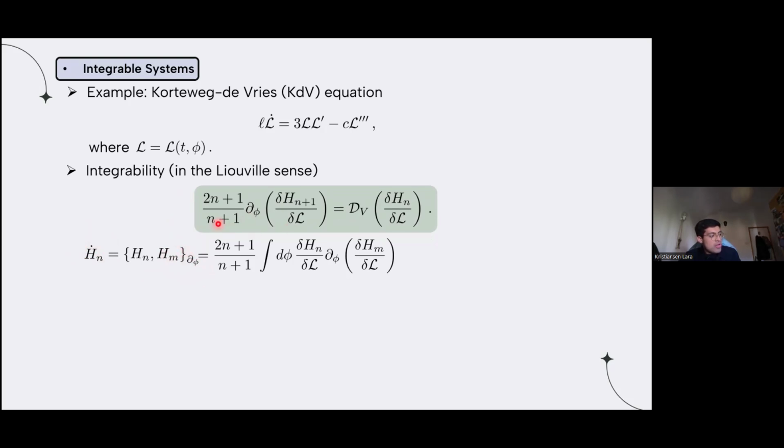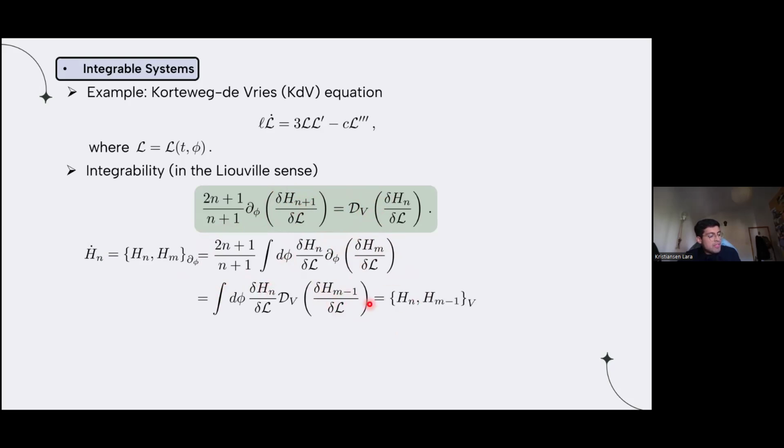With d phi, one can use the definition of the Poisson bracket. It is given by this expression that you can see here. Observe that when d phi acts on this, notice this relation that you can see here. It transforms to dv, and it lowers one index of the functional h, and this is what happened.